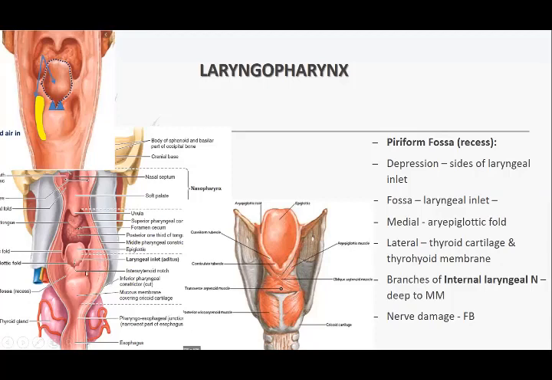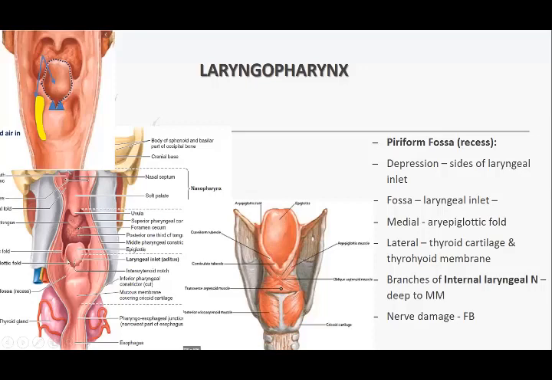This depression on either side of the larynx is the piriform fossa. Now look at this, this is the laryngeal inlet, which I told you about, this is the epiglottis, and this fold of mucous membrane, which we call the epiglottic fold, runs from the arytenoid cartilage and epiglottis to the lateral wall of the pharynx.